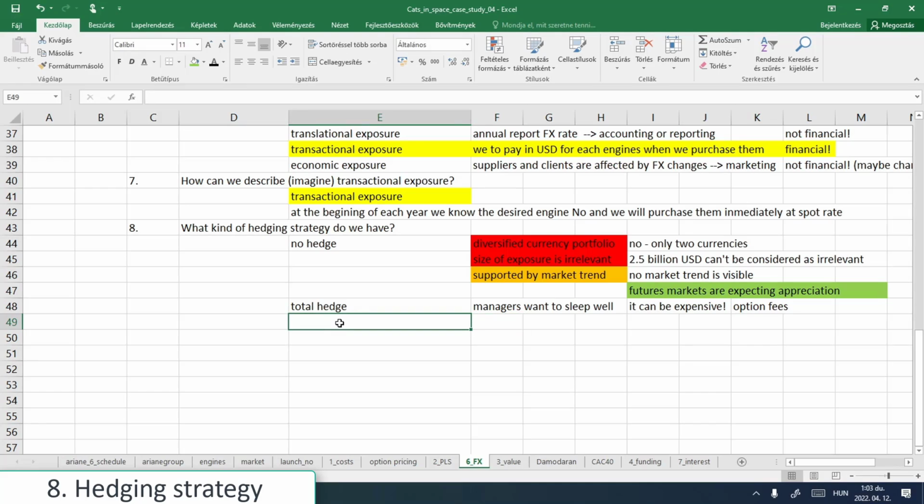And we can have this partial hedge. Buying options. Buying options in the case of extreme depreciation.